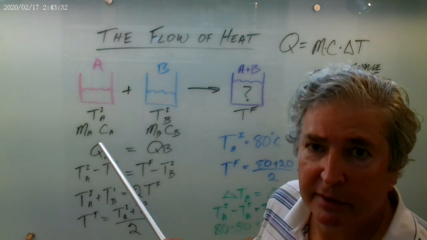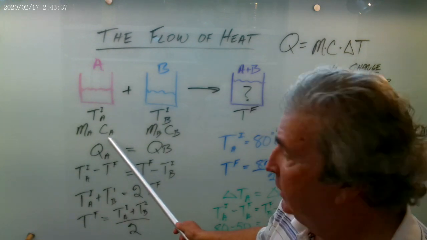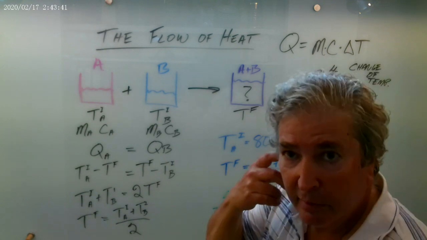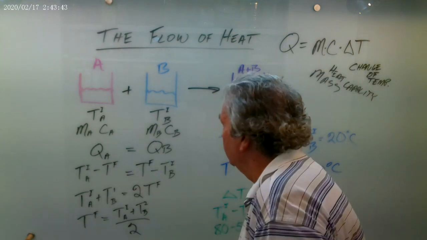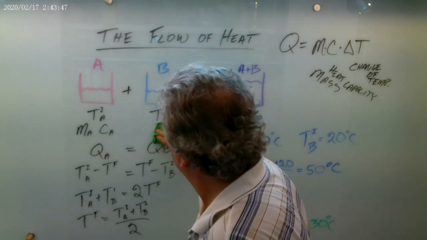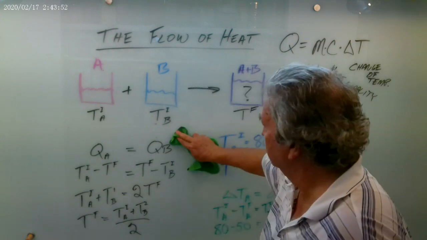Tagging along with these things is the mass and the heat capacity for each of these materials. But we're not going to bother with that in this first example. So I'm going to take that right out of the equation to simplify this concept in our introduction.